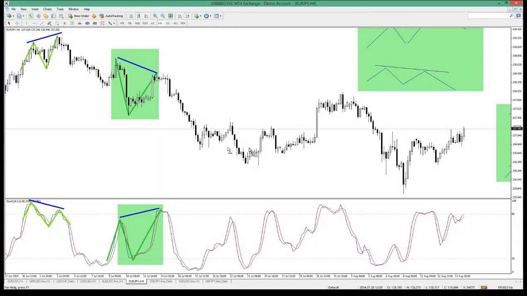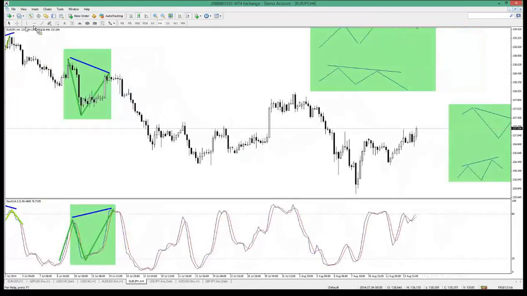Now, if we look a little bit further, we have the same pattern coming into place. Price moves down and then pulls up, but the indicator moves up and then moves down, and makes a higher high relative to price.